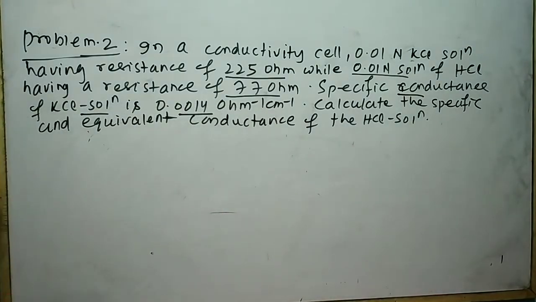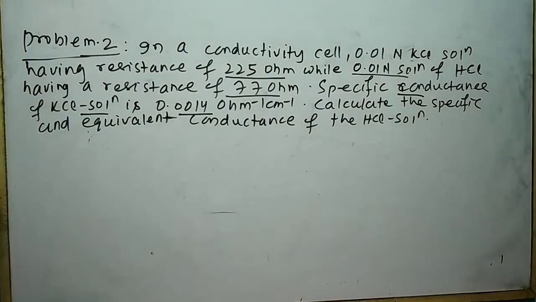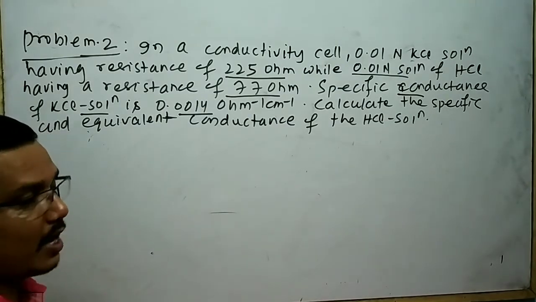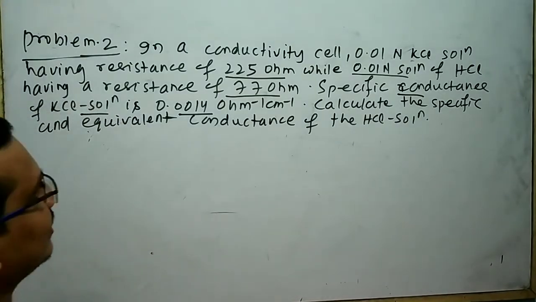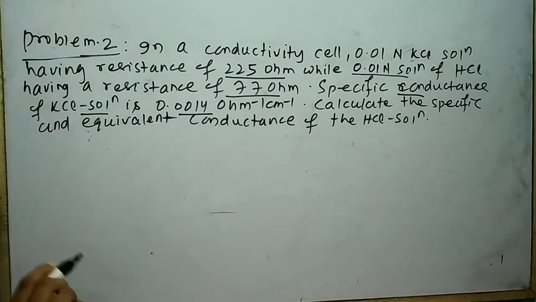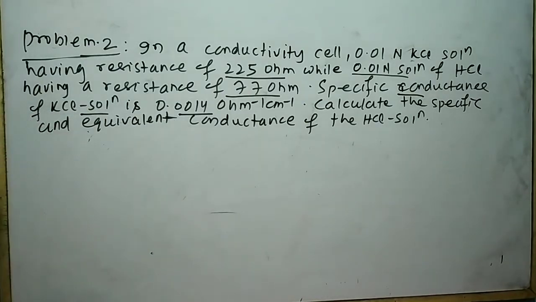Calculate the specific and equivalent conductance of the HCl solution. Look at that, the KCl solution and the HCl solution are taken in a fixed conductivity cell. So the cell constant for KCl solution is equal to the cell constant for HCl solution.